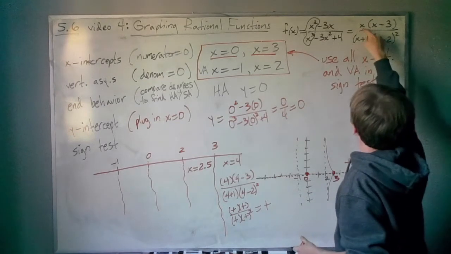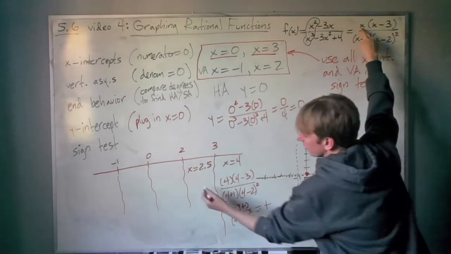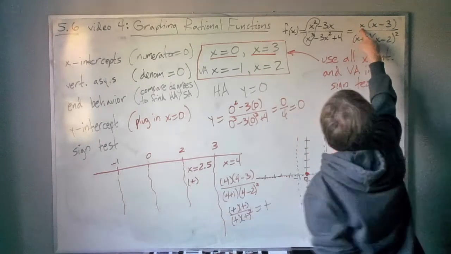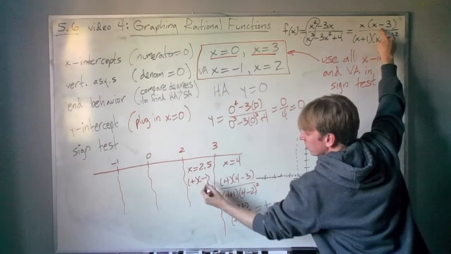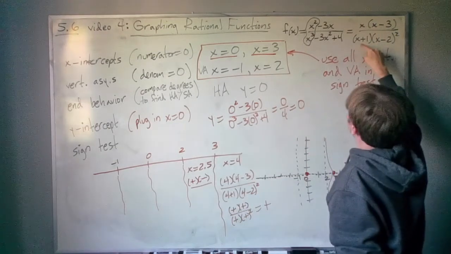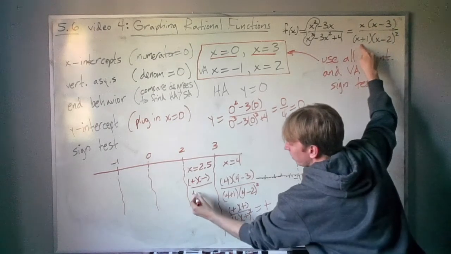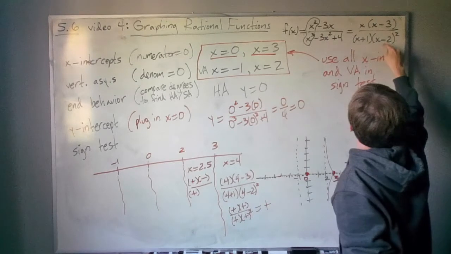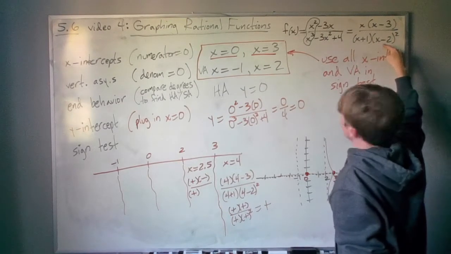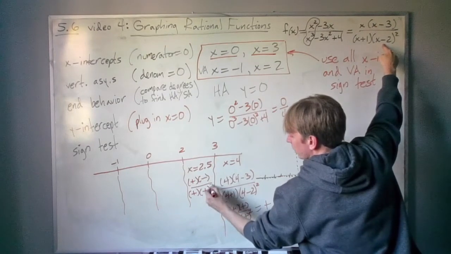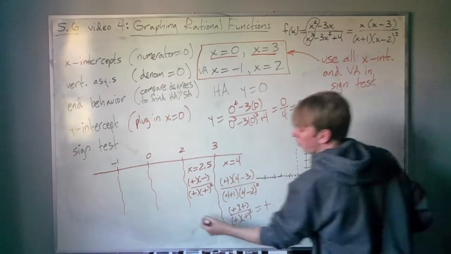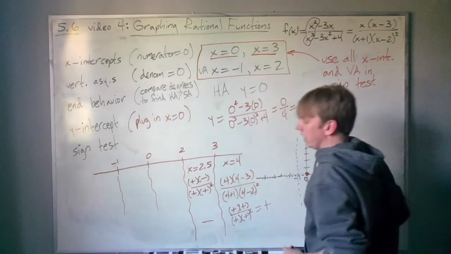If I stick in 2.5 for x, that's a positive. 2.5 minus 3 is actually going to be a negative. 2.5 plus 1 is 3.5, that's positive. And 2.5 minus 2 is 0.5, which is positive, and we're also squaring it. And so notice we only have one negative sign, which means we are negative.